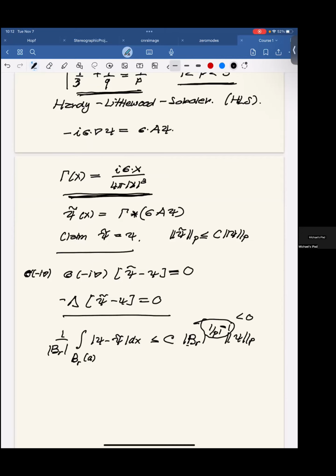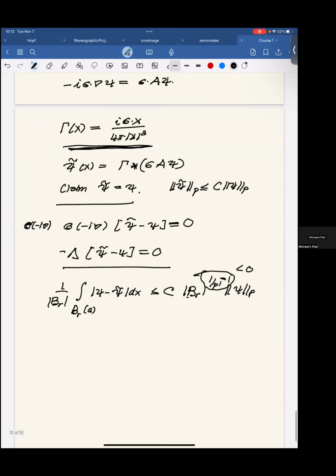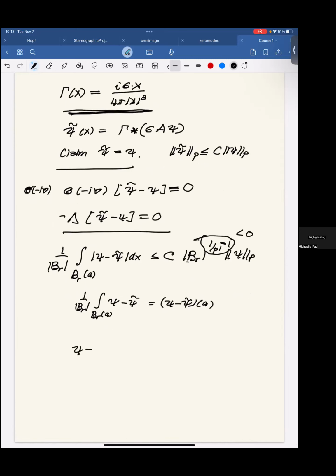So therefore, psi equals psi twiddle by the mean value property, yeah? Because when you have 1 over the volume of BR, psi averaged over BR of A minus psi twiddle, that's psi minus psi twiddle of A. That's because they are harmonic functions. Okay, so we now have an honest description of psi in terms of this equation.